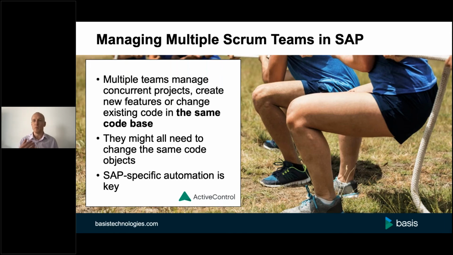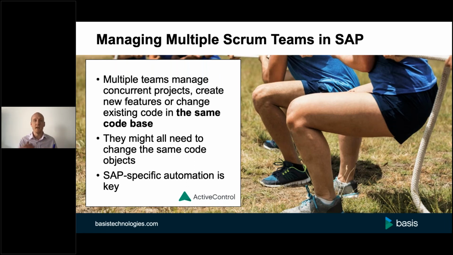And that is, again, where automation is really your friend. And this is really one of the key areas where automation like Active Control enables Agile development to be a practical reality. It's quite difficult to manage these kind of things, particularly in SAP, without DevOps automation like Active Control, not least because you simply don't have a lot of time in each of those sprints to do all this manual work, to track what all the teams are doing, to manage it in spreadsheets, to get it all right.